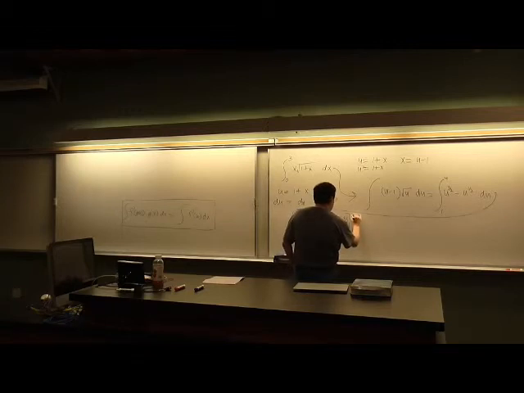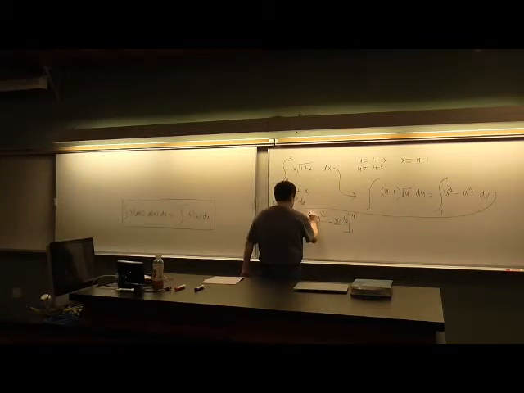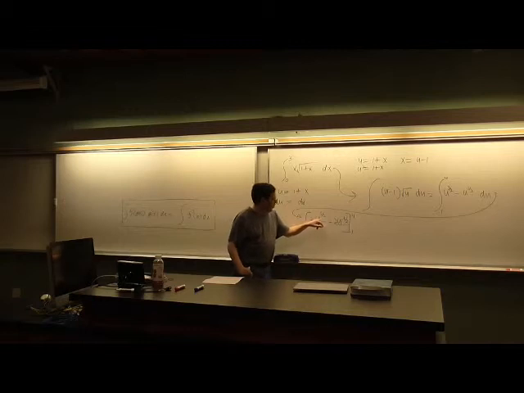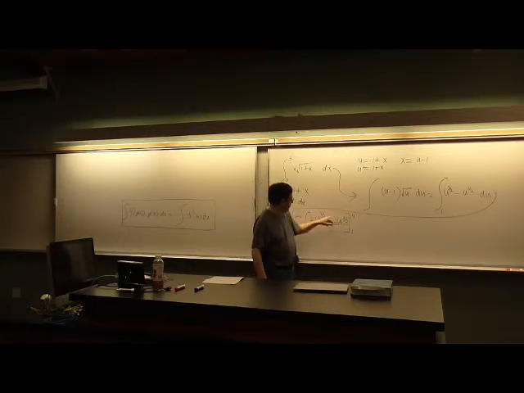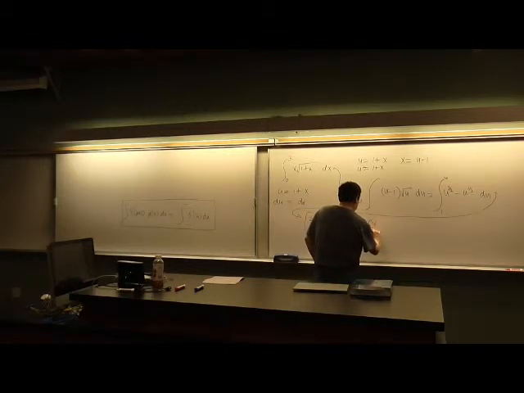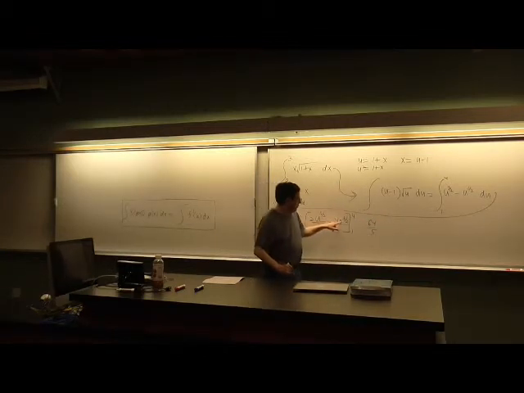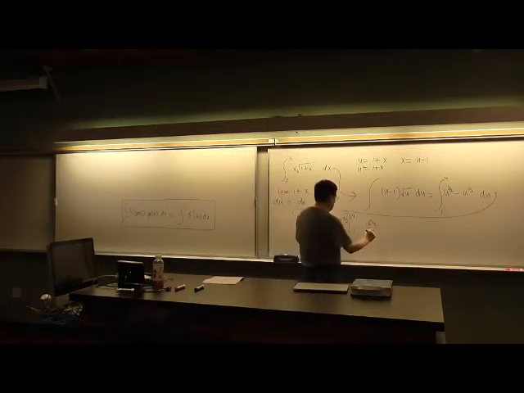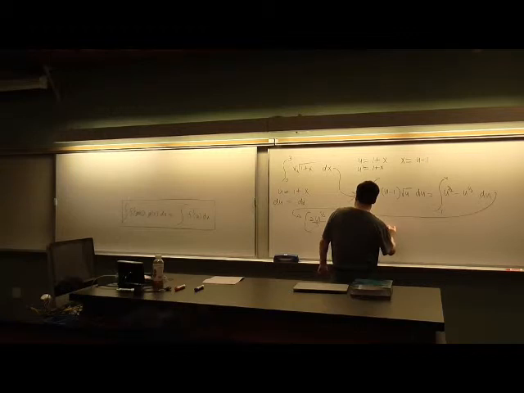I want to go from 1 to 4. So 4 to the 5/2, well, that's the square root of 4, which is 2, to the 5th, is 32. Times 2 is 64 over 5, minus 2u to the 3/2. Again, square root of 4 cubed is 8, times 2 is 16. That's it.